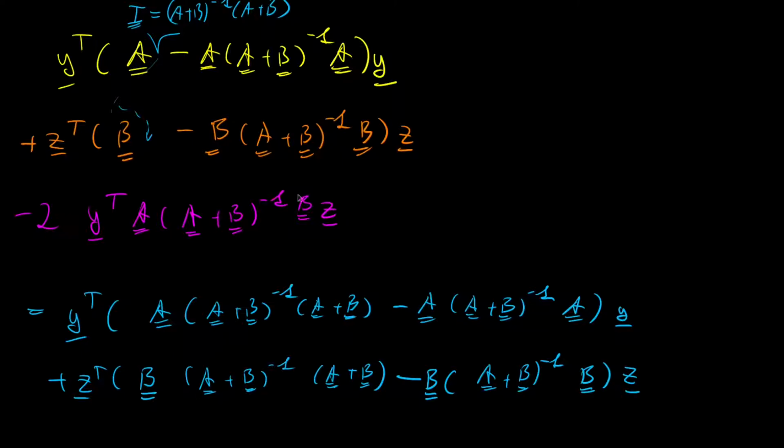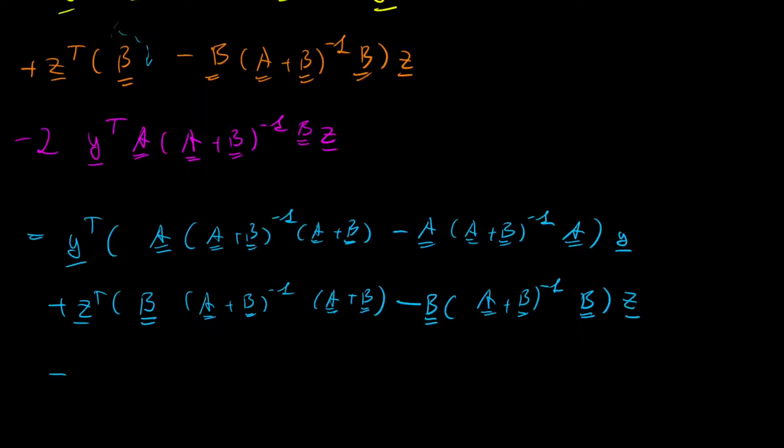Then we have the last term, which was the mixed term, and we have minus 2 y transpose A times A plus B in brackets inverse times B z.